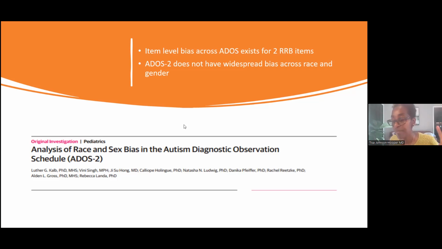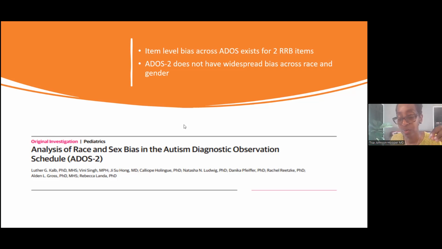What is significant was that the magnitude of the bias was moderate to large in only 2 of the repetitive restricted behavior items. So the findings from this study suggested that the ADOS-2 generally doesn't have widespread systematic measurement bias across race or sex. However, the findings do raise some concern around under-detection that does warrant further research.